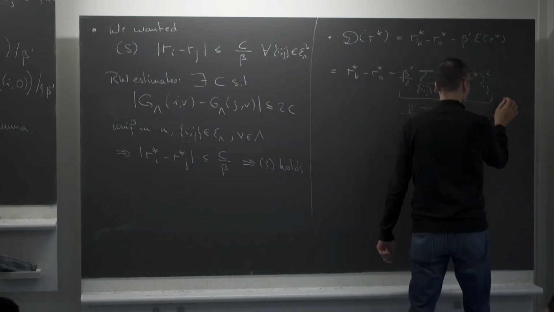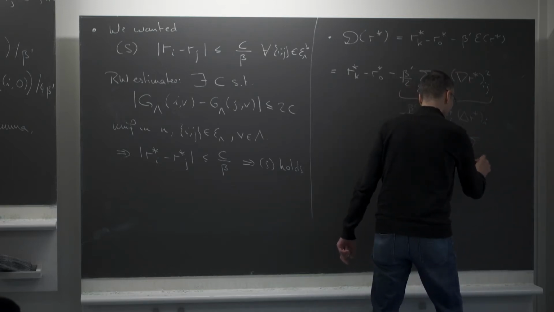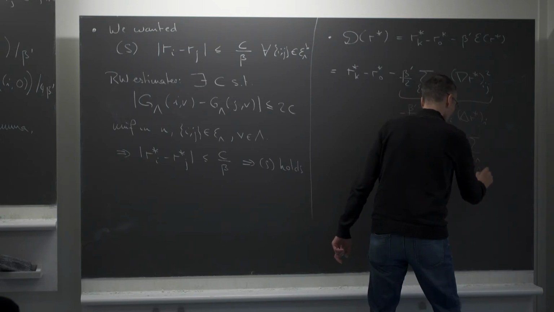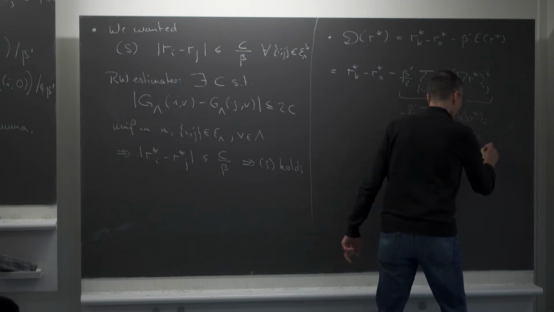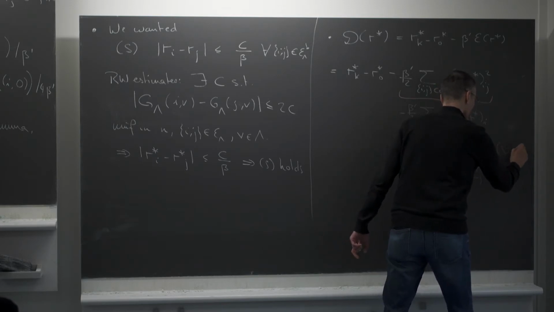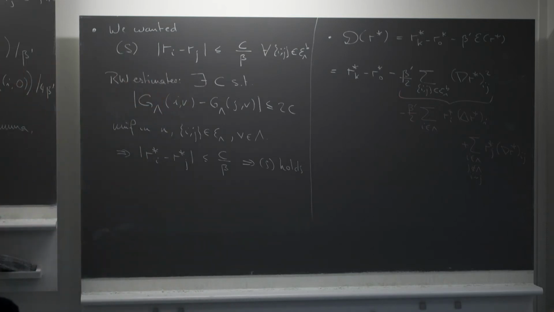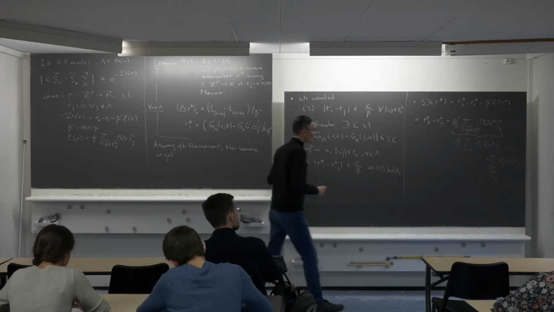Maybe I will do it on the next line. So plus sum over all i in lambda, j not in lambda, i and j neighbors, R star j, gradient R star ij. Okay, the usual discrete Green identities that we already used many times.